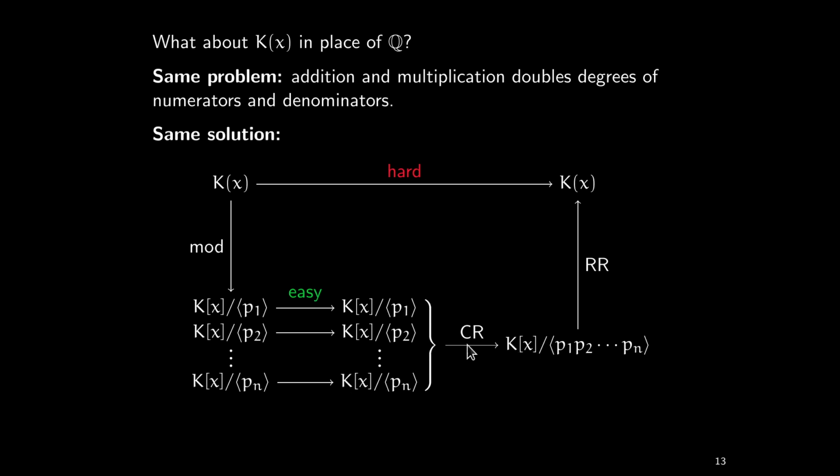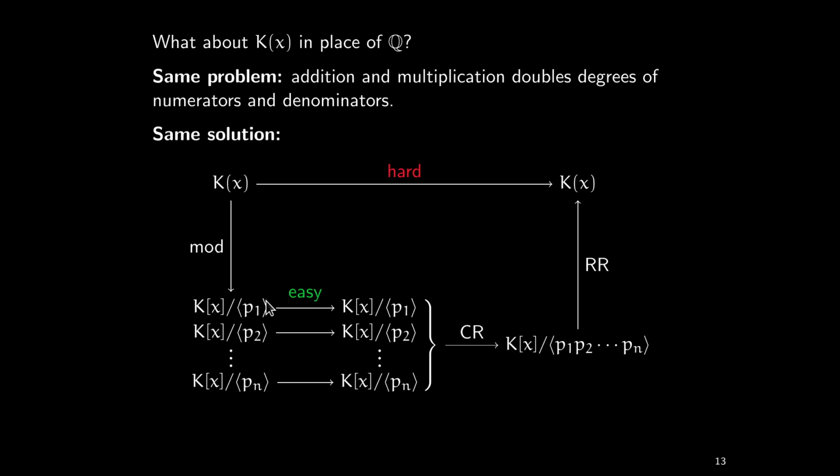Then you do Chinese remaindering to merge these answers into an answer that is valid modulo the product of these moduli that you've chosen. And then you do rational reconstruction to turn this modular image into a rational function. Okay, and the question is again, like before, how do you choose these p's?